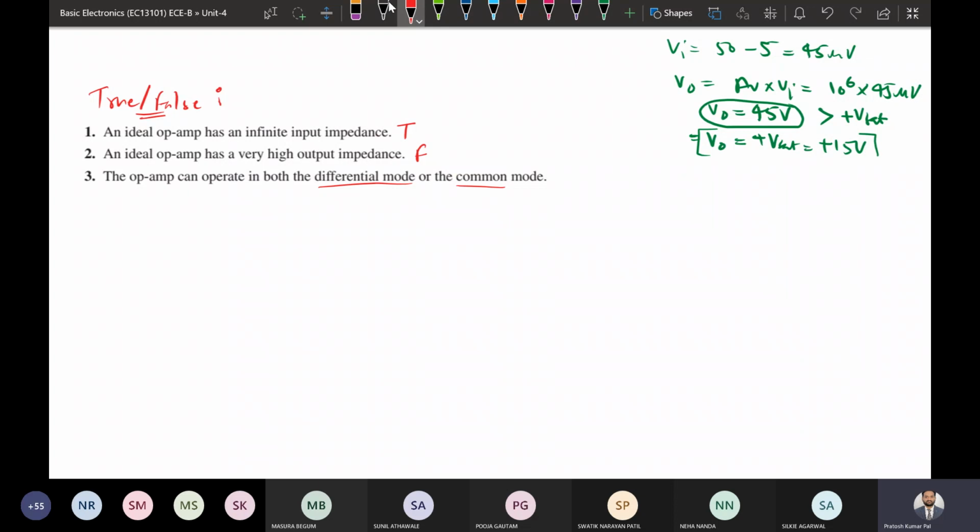Sir, I think it's a differential amplifier. No, it is an operational amplifier. We have seen different modes of operation of a differential amplifier. One was single-ended, and the other double-ended and common mode. So double mode is also called differential mode. So it can operate in both differential mode and common mode. Okay, so this is a true one.